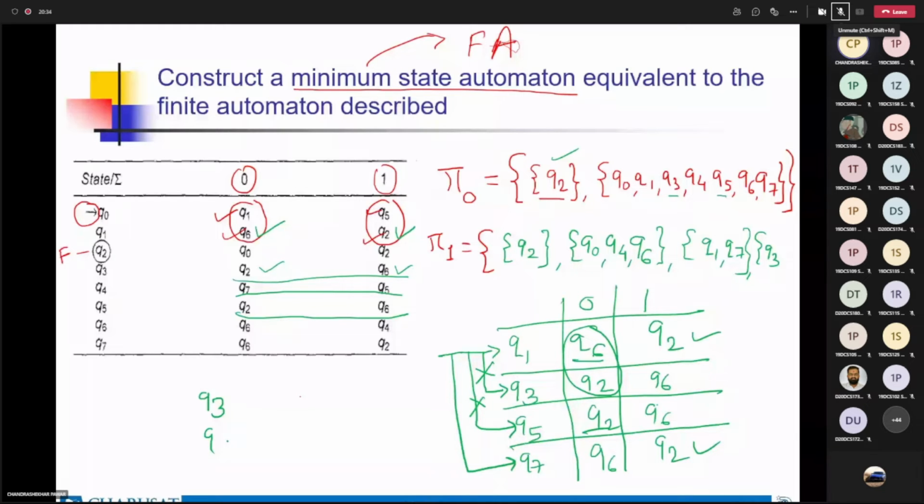So 0, 1. What is the transition of Q3 and Q5? Same transition. If you observe, Q3 and Q5 have the same transition. I just highlight them here.